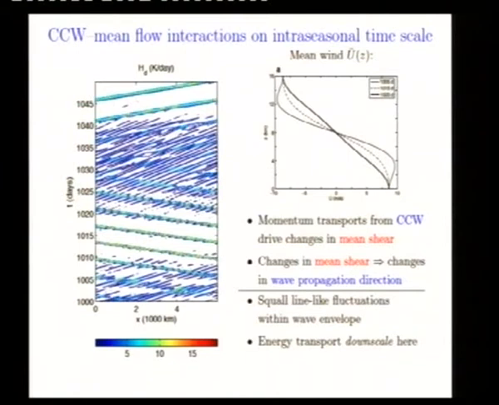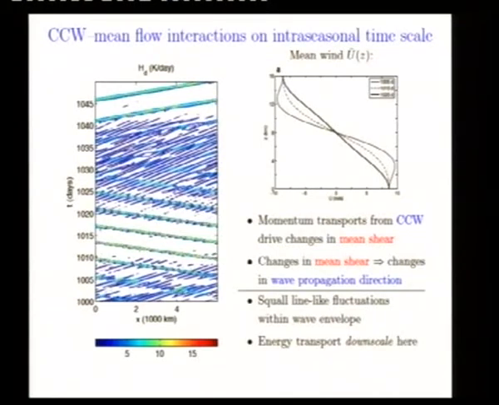It dies, and then an eastward propagating wave forms. And this cycle of an eastward propagating wave forming, dying, a westward propagating wave forming, dying, just repeats. So that's the intraseasonal type of oscillation. It's not necessarily an oscillation that happens in nature, but that's the time scale of it.